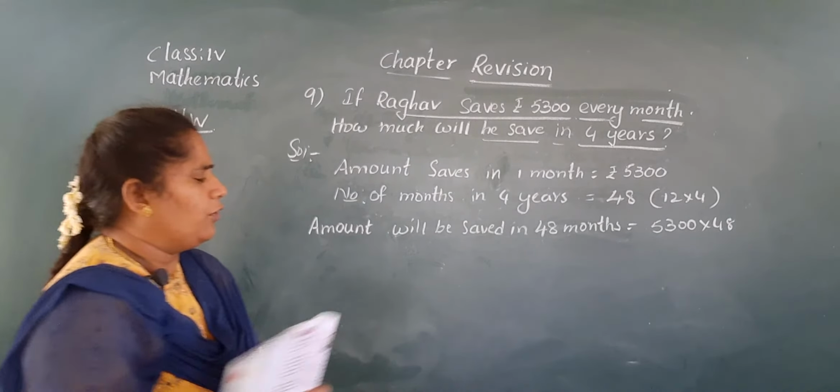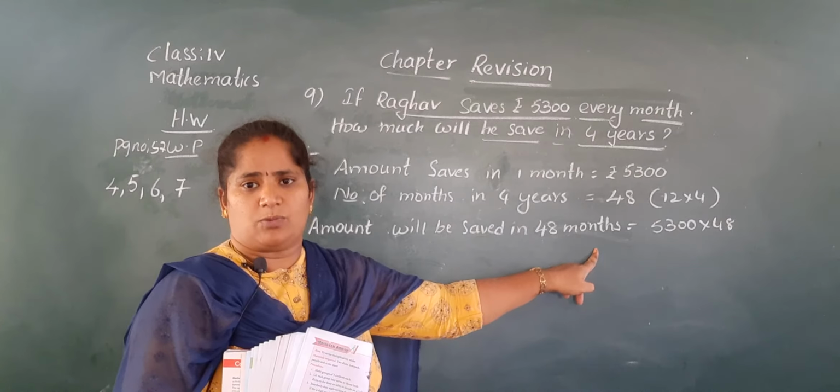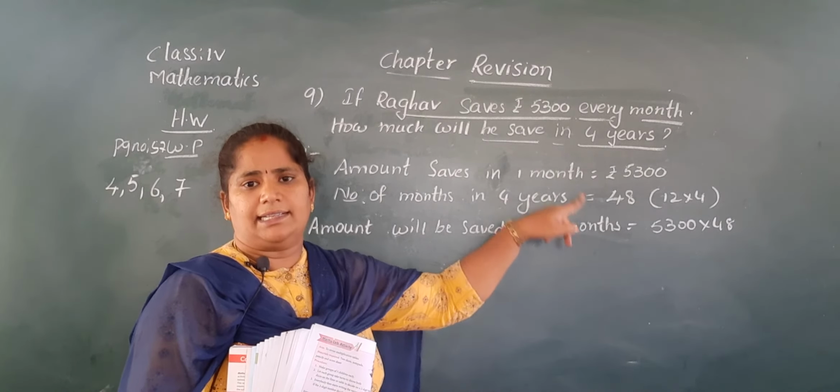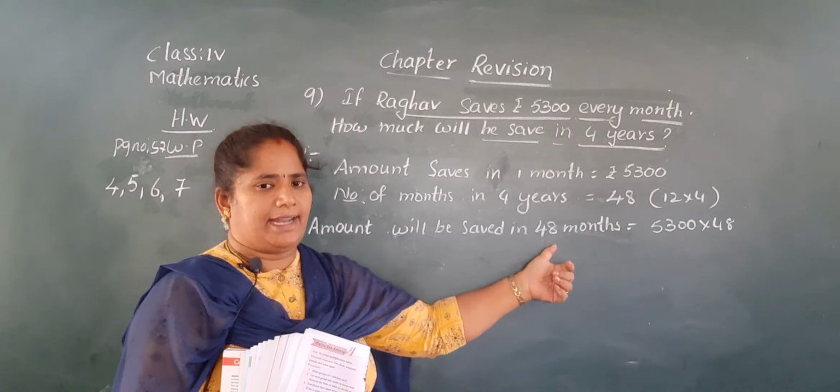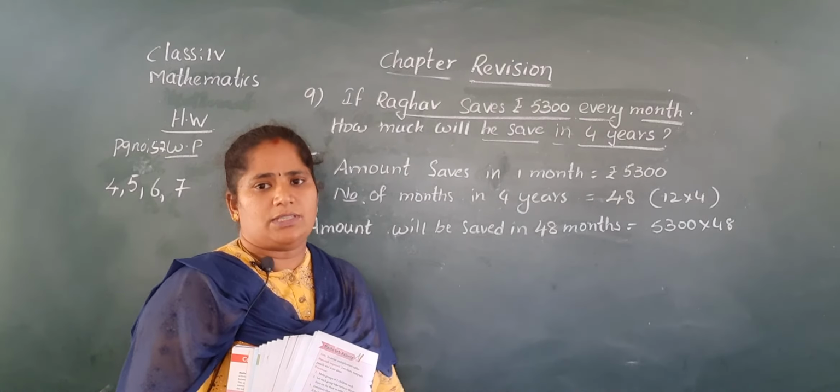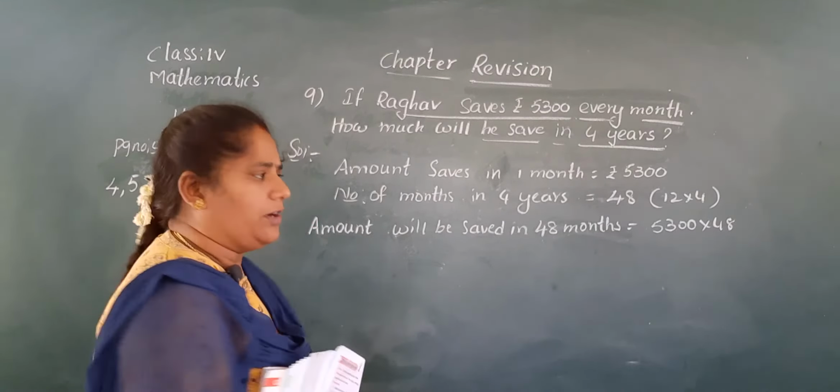So instead of 4 years we will write 48 months. Why? We have to convert the years into months. Okay? So the amount saved in 48 months is equal to 5300 into 48. Yes, multiply this.